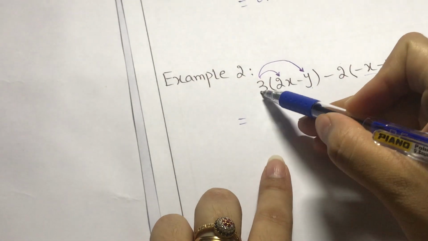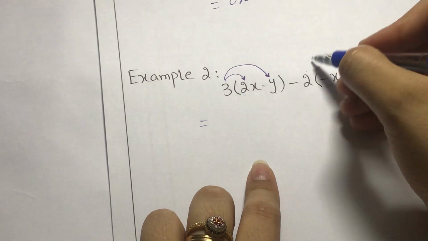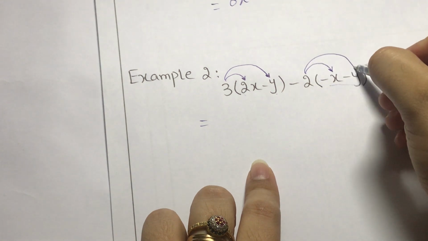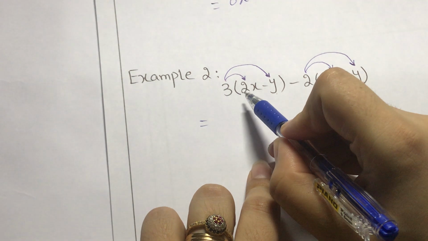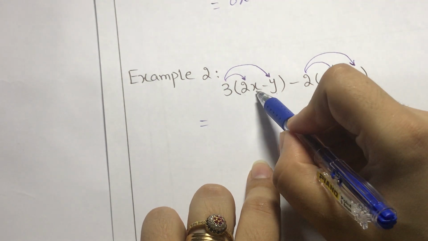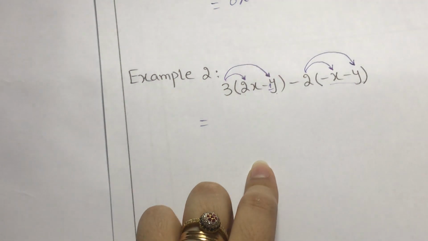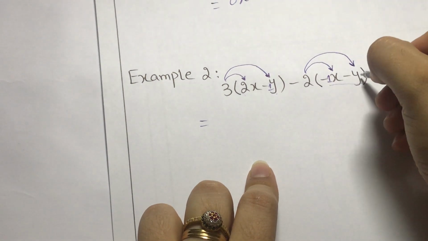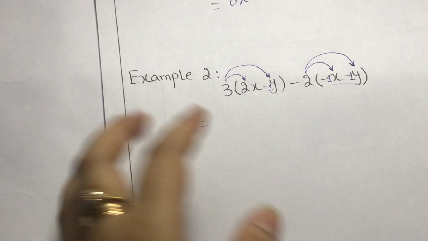You have to multiply this 3 with both the terms inside the bracket, right? Similarly, you have to multiply this 2 with both the terms inside the bracket. Now, you can see there is the coefficient 2 of the variable x, but no coefficient with y, that means it's 1. Similarly, no coefficient with x, that means it's 1. No coefficient with y, that means it's 1, right?